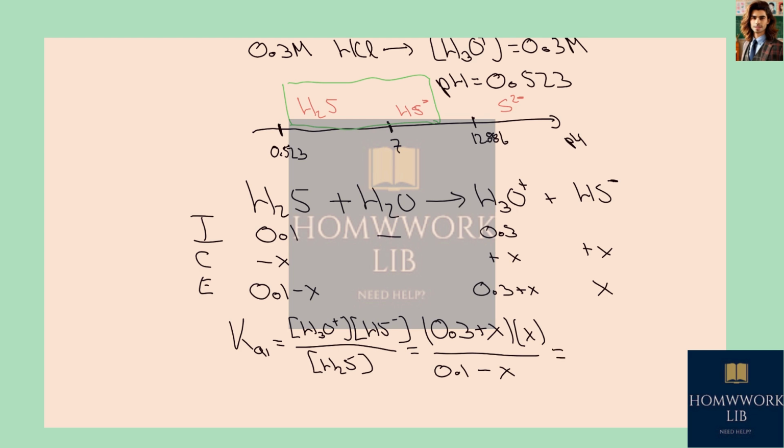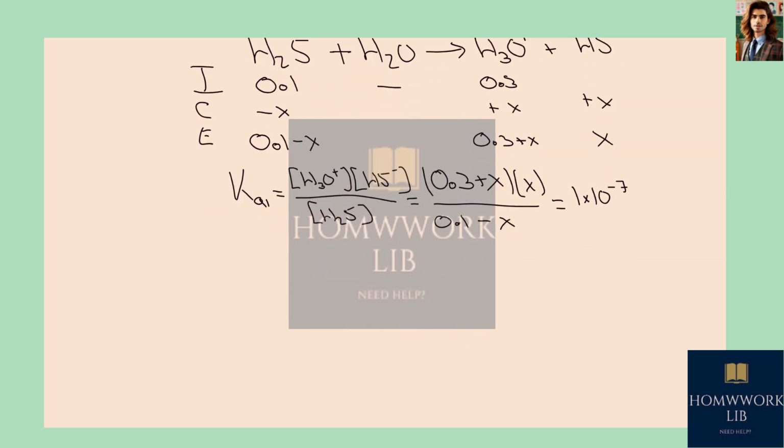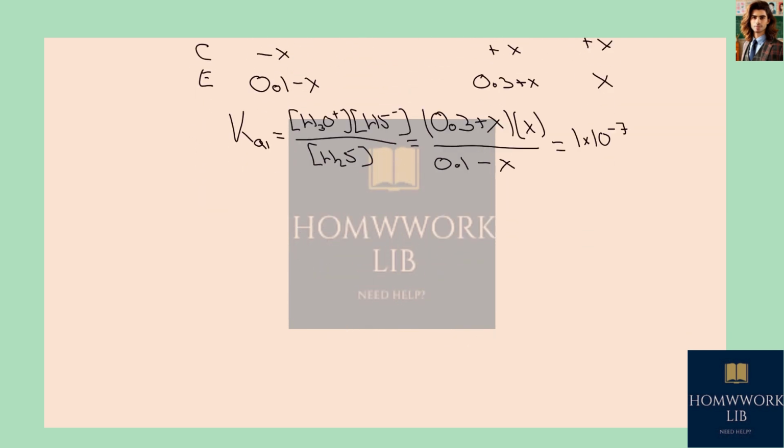And this needs to be equal to the value for Ka, that is 1 times 10 to the minus 7. Now, over here we have two different options. Solve the full quadratic expression coming from this equation, generate the quadratic expression equal to 0 and find x1 and x2.